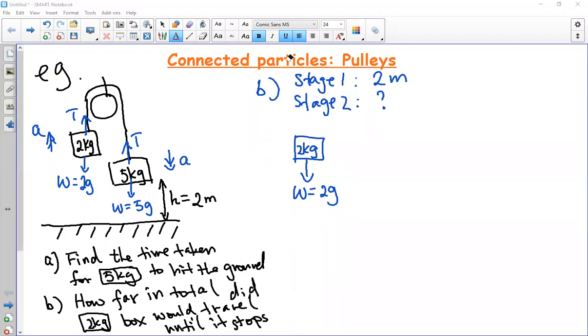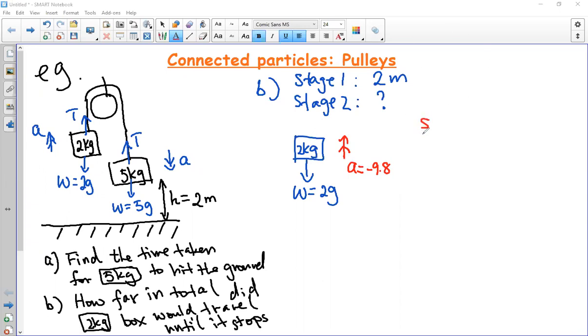So say we still travel upwards, but we just need to know our acceleration now is negative 9.8. The reason why I'm using upwards as the positive direction is because the displacement is still going upwards. So it's just a little bit easier when we use our SUVAT.